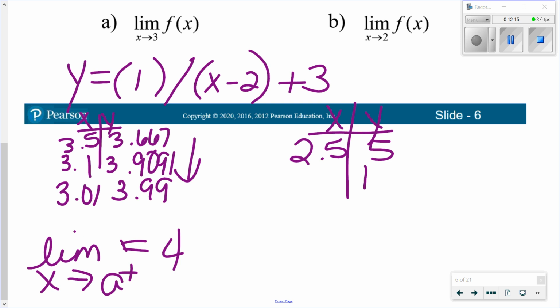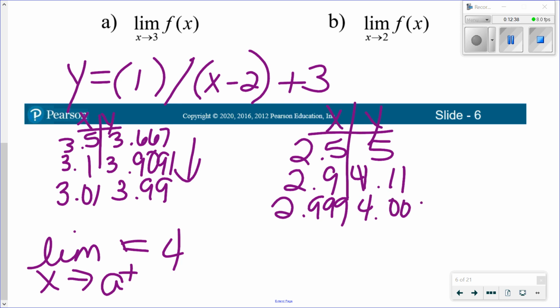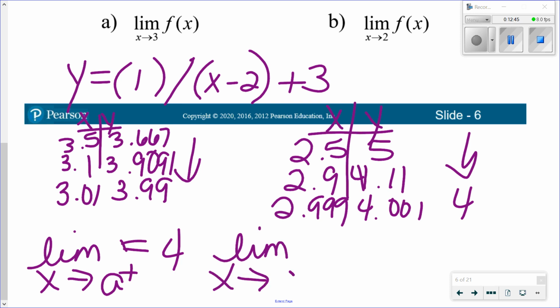We got 4.11, 2.999, we get 4.001. So again, from this side, it looks like we are trending toward 4. So the limit as x approaches a from the left is also 4. So our overall limit for this one is 4.